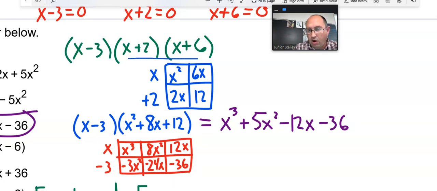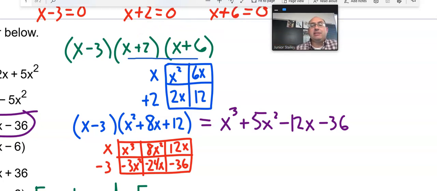Doesn't matter which 2 you start with. You multiply them together. Some of you are like x times x, and x times 6, and 2 times x, and 2 times 6. You can keep it straight, you can add like terms, you write them down correctly, you add them correctly. I have no problem with you doing it that way. Absolutely not. More power to you.